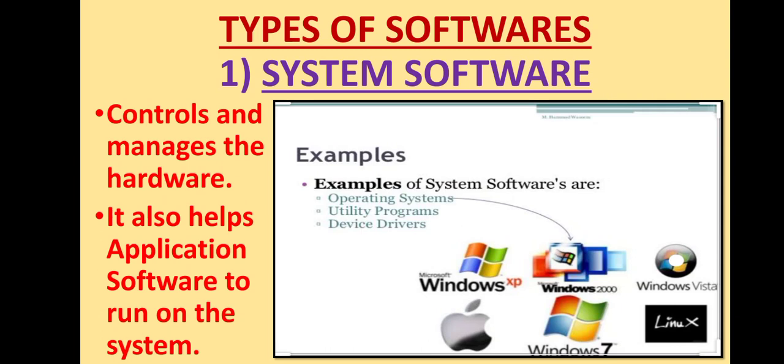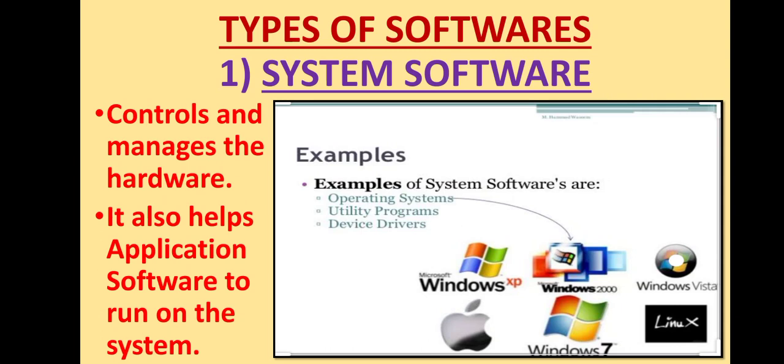It also helps application software to run on the system. So system software is basically a software or collection of programs that acts as an interface between user and computer hardware.